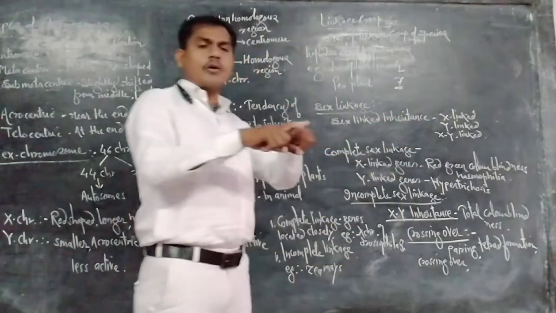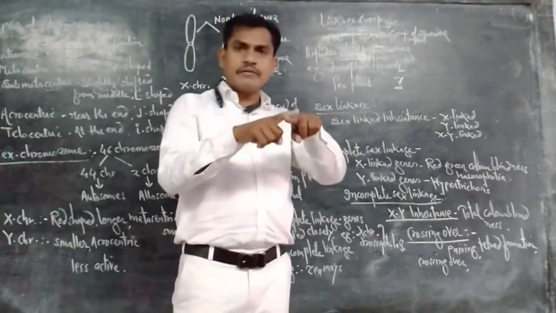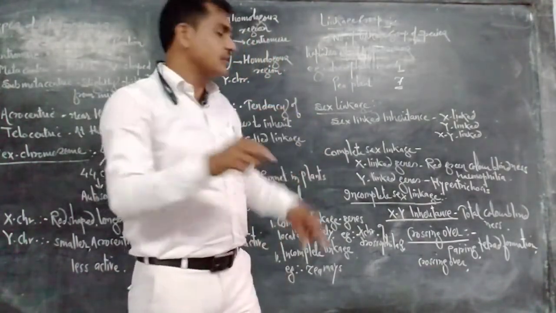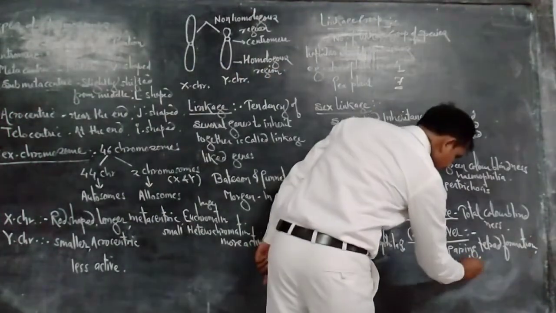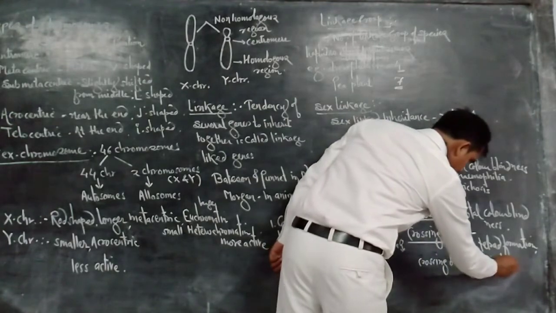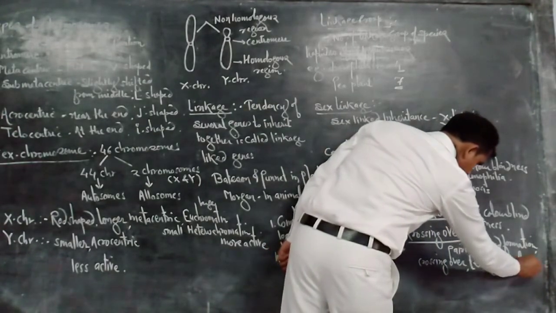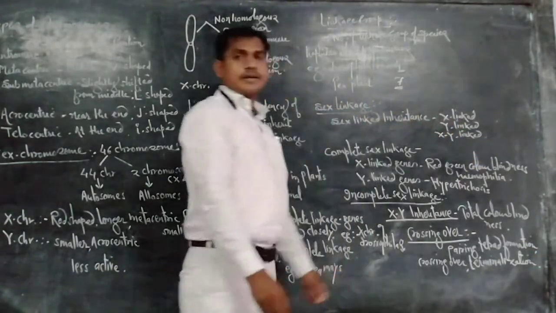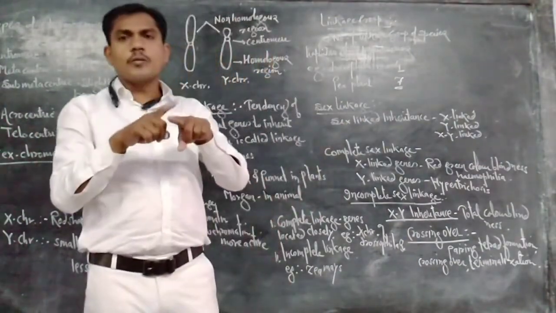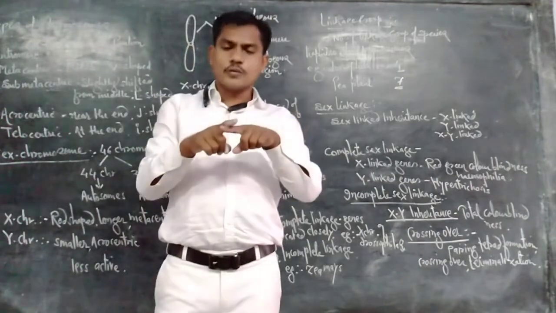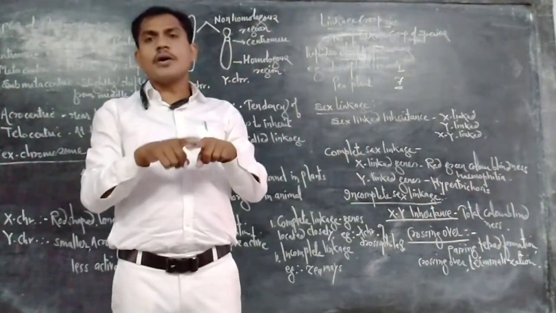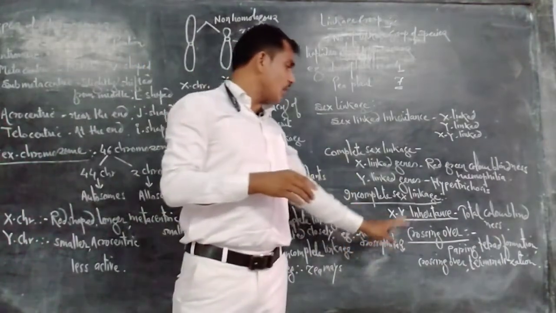When crossing over occurs, genetic material gets exchanged between these two chromatids of homologous chromosomes. Then they get separated. Terminalization occurs. So the genetic material of the chromatids of homologous chromosomes is exchanged between them.